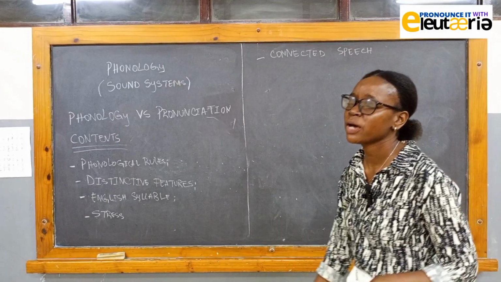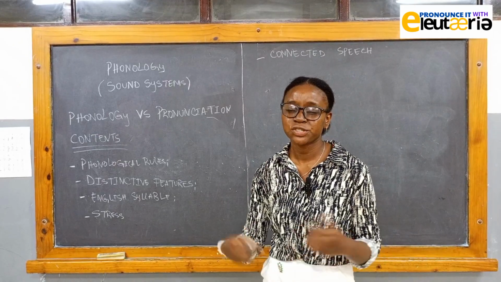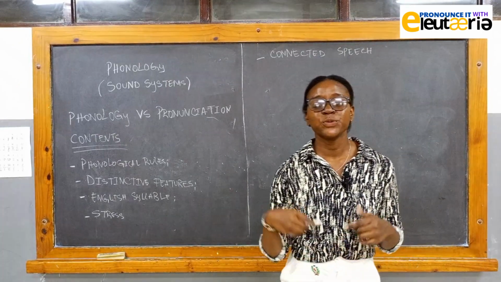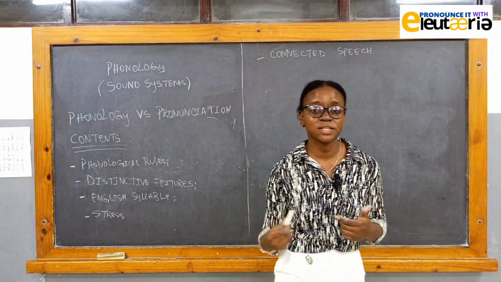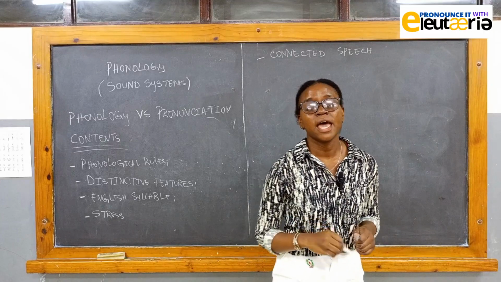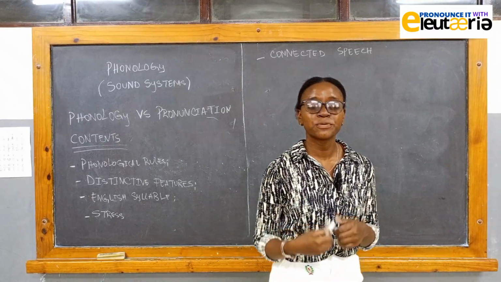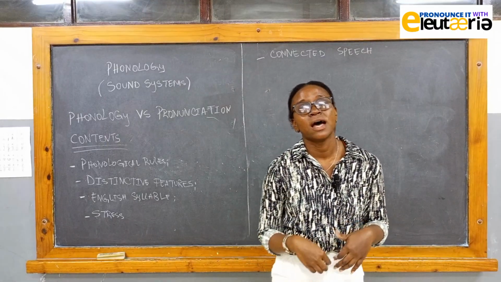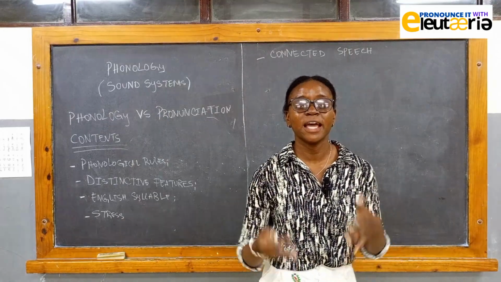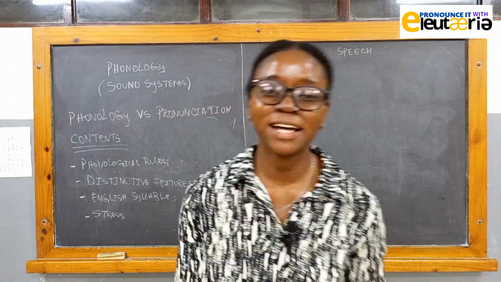Connected speech is also an interesting topic, because in connected speech, you will learn to understand native English speakers better, and you will also improve your communication. You can speak and understand the way they speak well, and you will be more fluent.